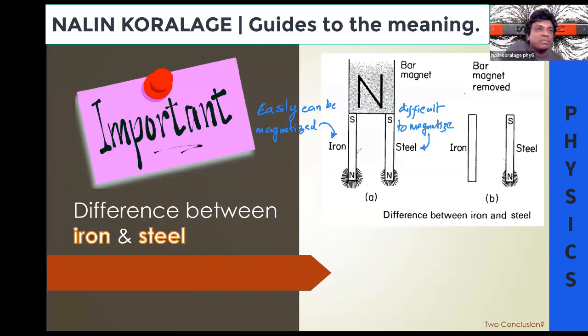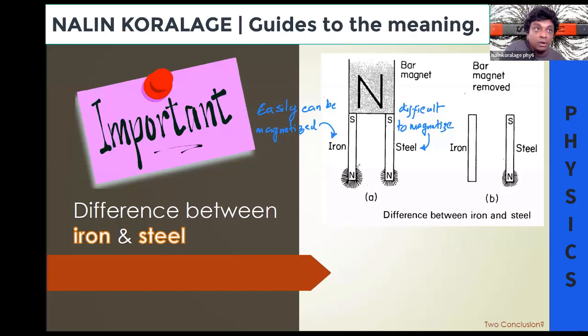But now once magnetized, for example by using this big bar magnet on top, this iron rod has become a magnet and the steel as well. Now once we sprinkle iron filings around these two bars, the iron bar and the steel bar, most of the iron filings stick to the poles of the iron rather than the poles of the steel. What this means is that iron has become a much stronger magnet than steel.